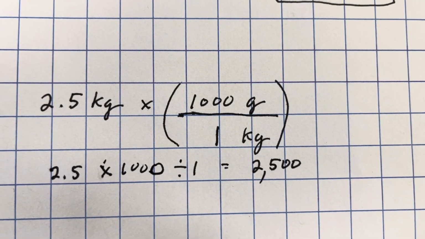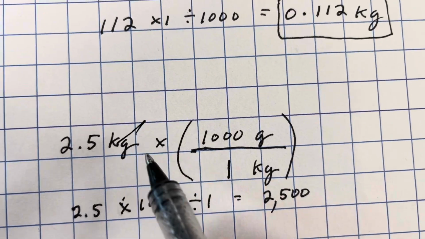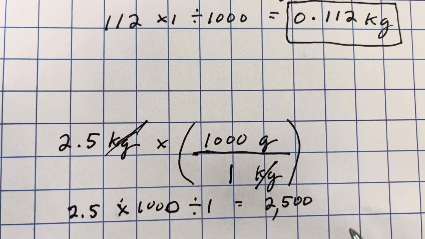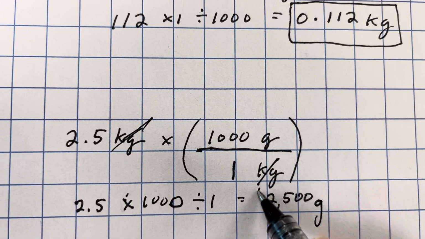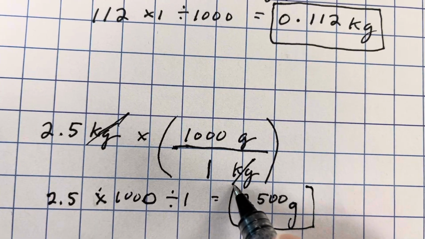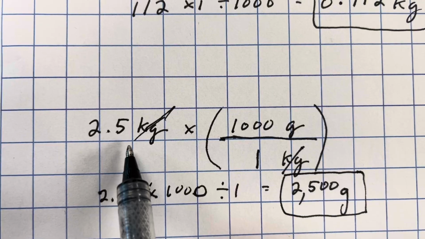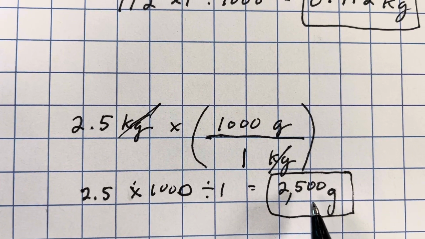And my units, kilograms divided by kilograms cancels out, I'm left with grams. So my units for my answer would be grams. So what is this saying? It's saying that 2.5 kilograms is equal to 2,500 grams.